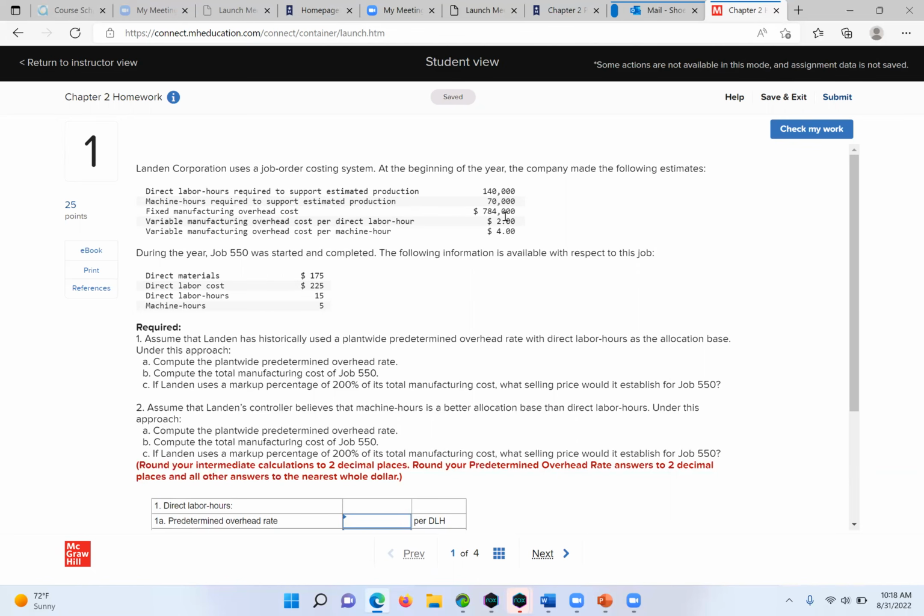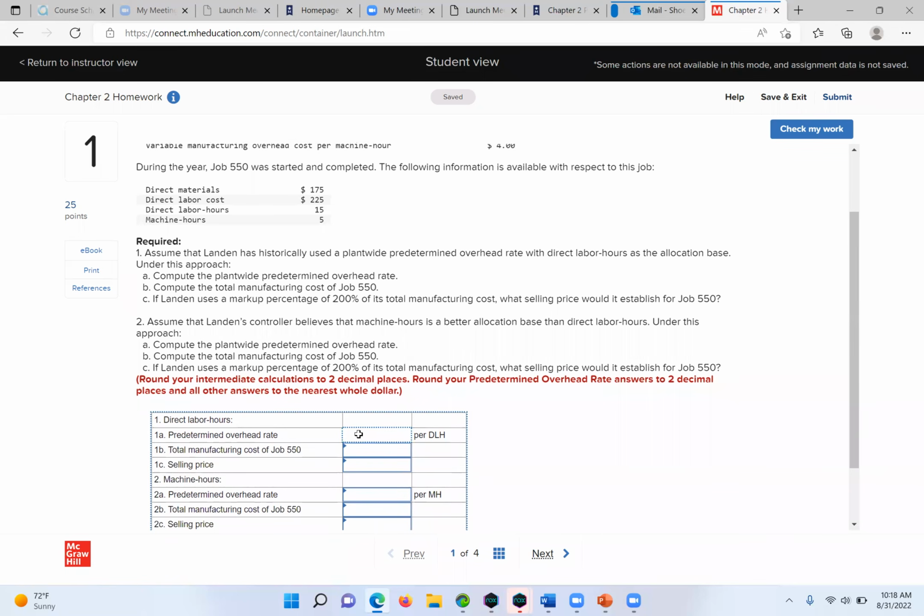So the 784 plus the 280 is 1,064,000. If we take that and divide that by the estimated 140,000 labor hours, we're going to come up here with $7.60 per direct labor hour. Remember, estimated fixed, estimated variable times the estimated total hours.